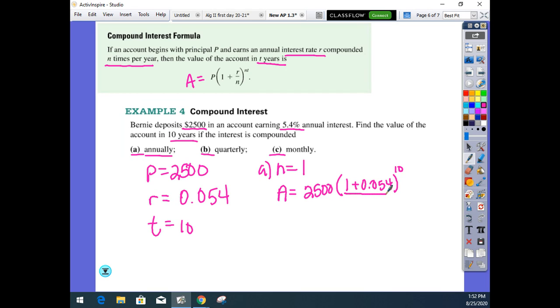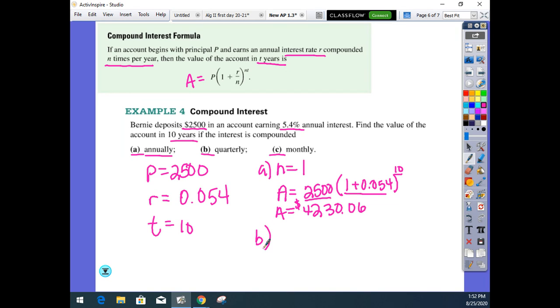So you're going to add this first, raise it to the 10th power, take it times 2,500, and you should get 4230. Since this is in dollars and cents, I'm going to leave it as 0.06 for 6 cents. You want to round it to the nearest cent.